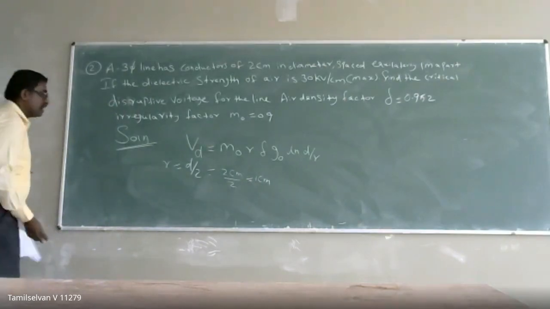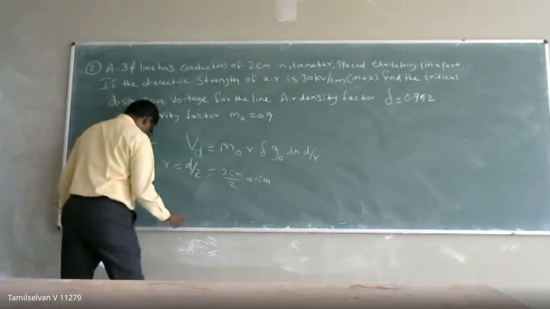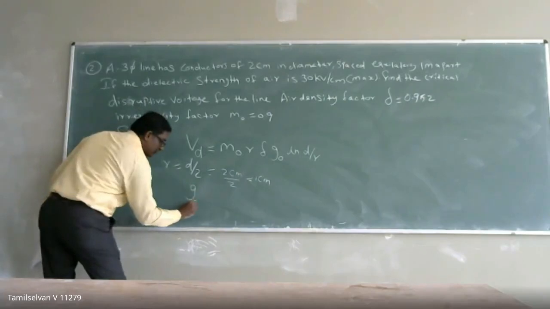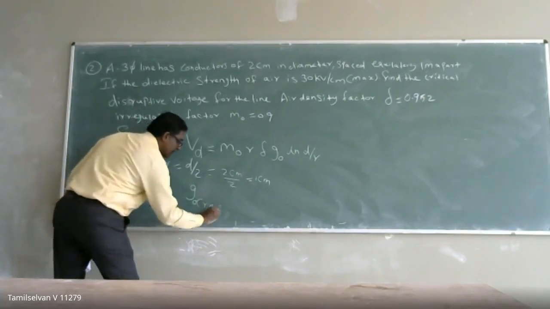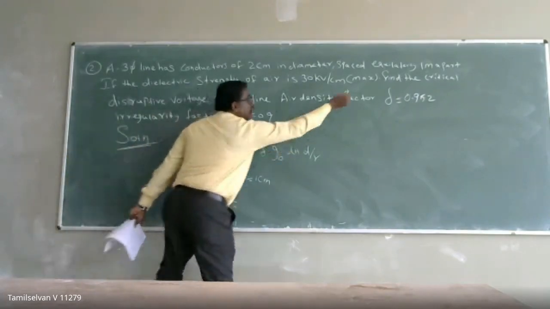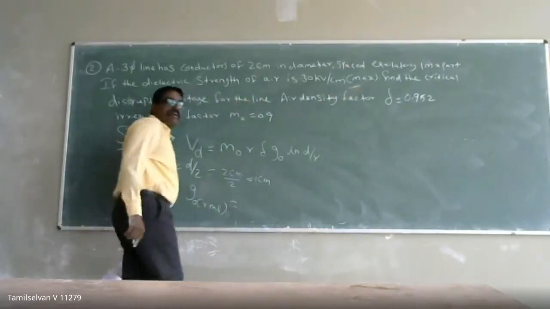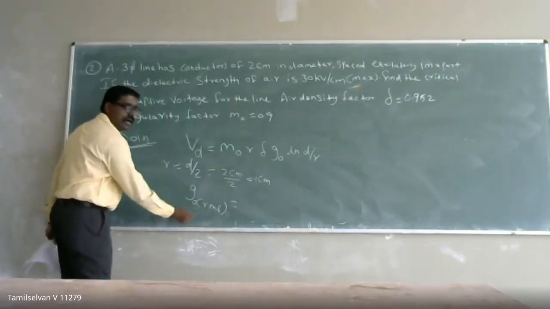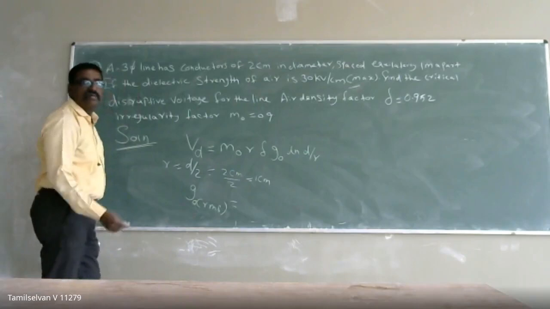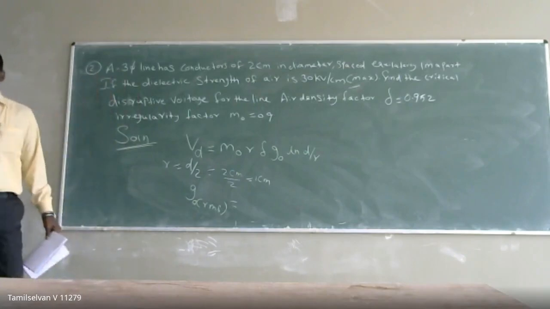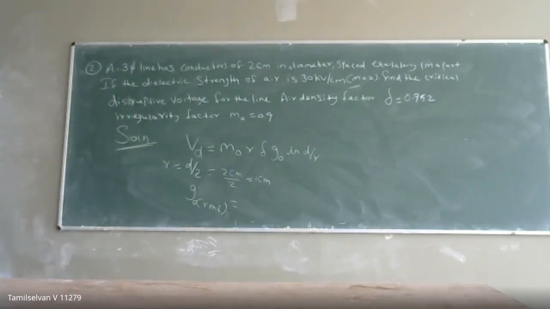Okay. Here I need to calculate my G naught. That should be of your RMS value. But it is maximum. Maximum value by root 2 is going to give the RMS value.